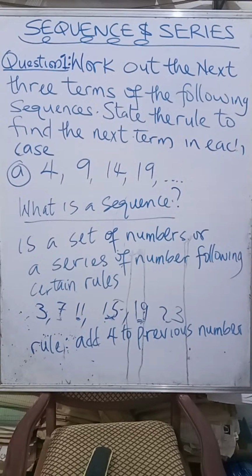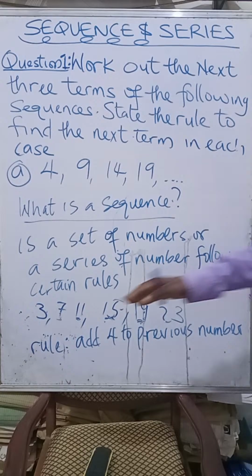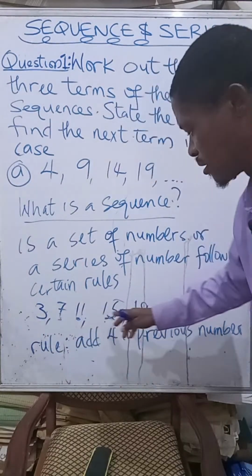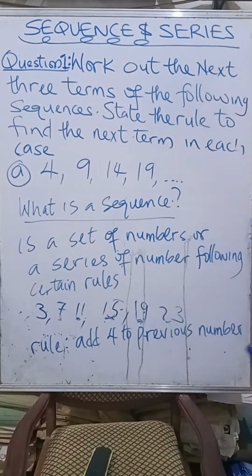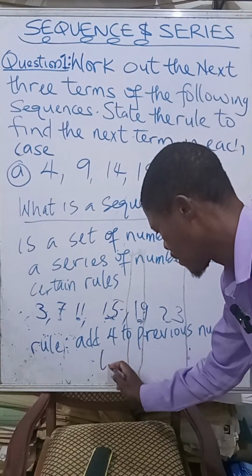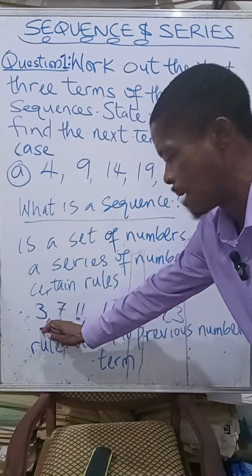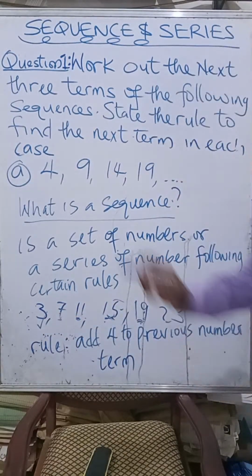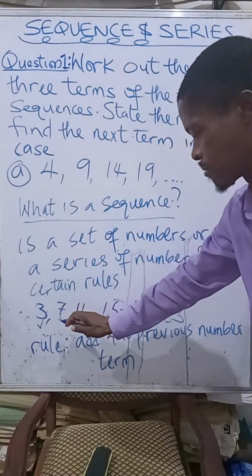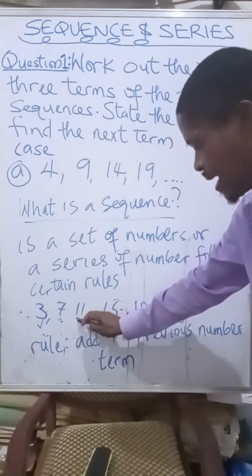Another thing you must note is that each number in a sequence is called a term. We call each number a term. The first written number, 3, is the first term. Then the second term, third term.